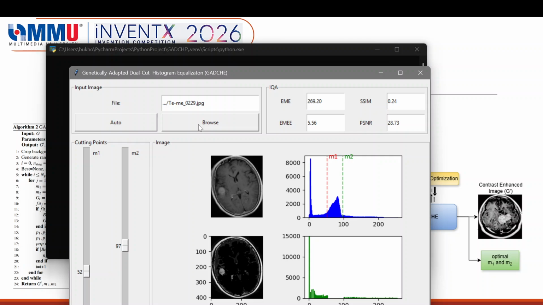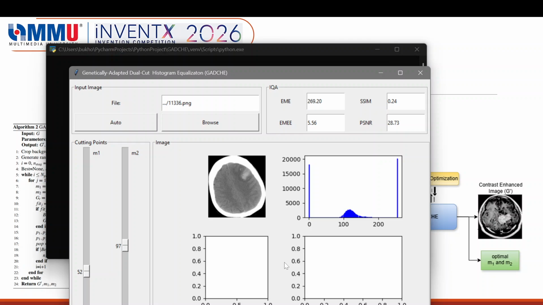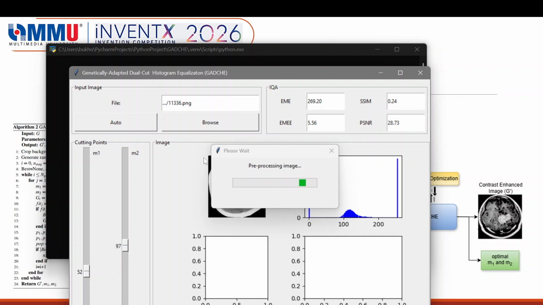Okay. Now, our proposed pipeline does not only work for tumor brain images, but also here we have one MRI image of a stroke patient. And as you can see, the affected region here is very similar to the rest of the brain tissue. But let's try to implement our contrast enhancement.